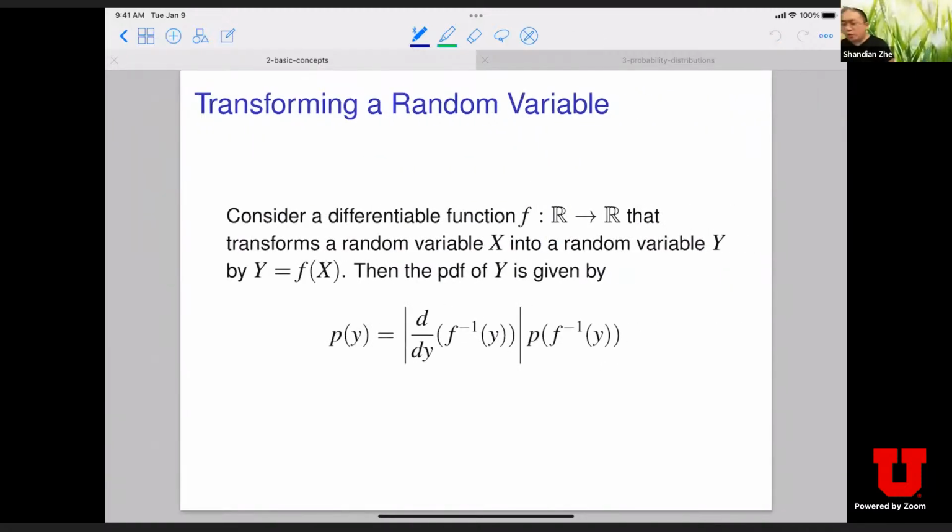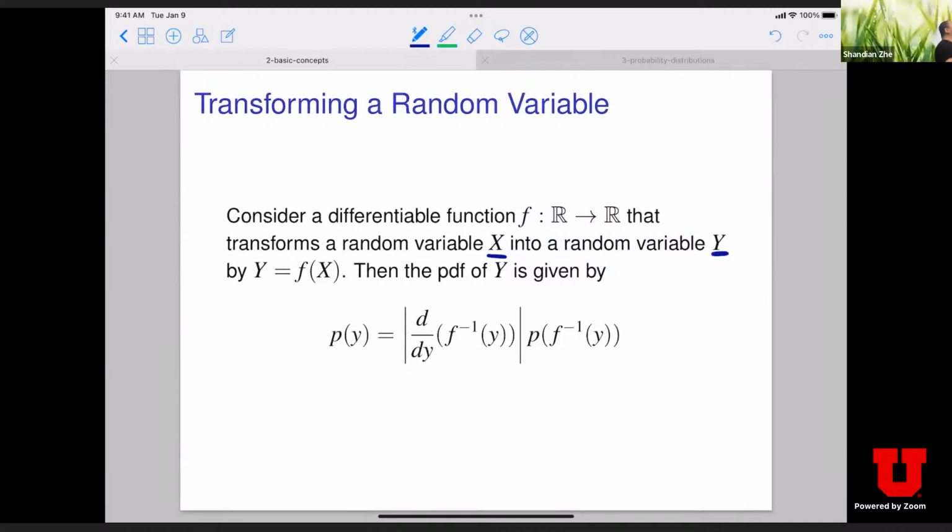Okay, transformation of random variables. Suppose we have a random variable x and also a random variable y, and there's a relationship between x and y, which means we can represent y as a function of x. Here we assume that x and y are of the same dimension.